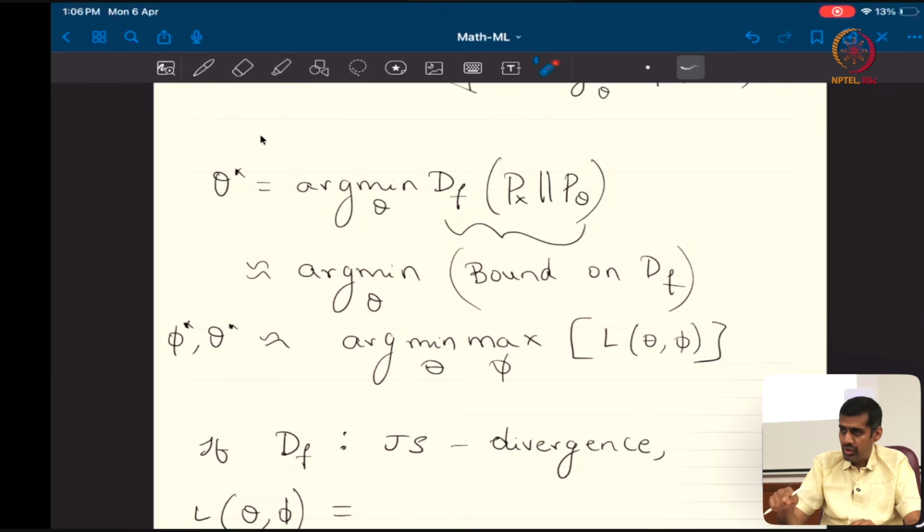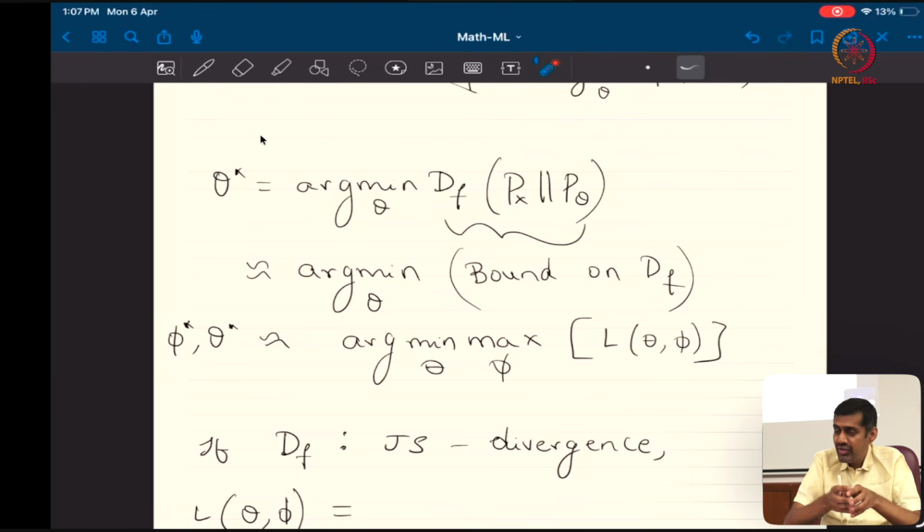To construct the bound, we will have to solve another optimization problem that involves a class of functions, okay, that is again approximated using another set of neural networks. Now, you first construct the bound by solving an optimization problem, and once you construct that bound, you minimize the bound on the divergence metric.